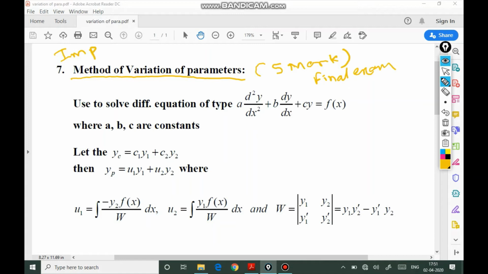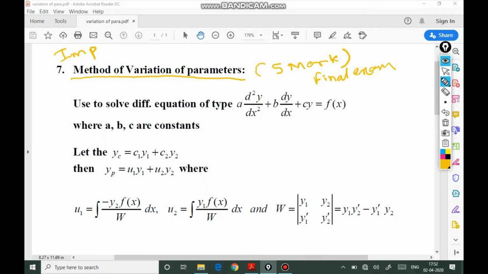The first 6 methods we did, the particular solution with exponential, trigonometric, hyperbolic, and algebraic functions, and then the combinations like e raised to ax into v and x into v, all carry the weightage of 5 marks. This is the only method which again has a 5 marks weightage. So let me see what this method is.